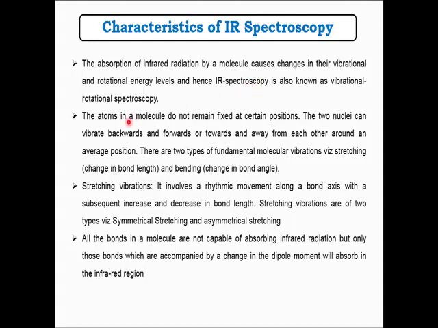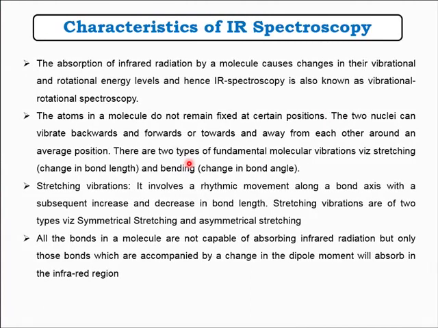As we have discussed, the atoms in a molecule do not remain fixed at certain positions, and that's why we have the various stretching and bending types of frequencies. The two nuclei can vibrate backwards and forwards, or towards and away from each other, around an average position. So there are two types of fundamental vibration, that is stretching and bending.